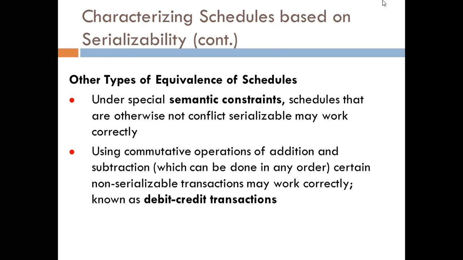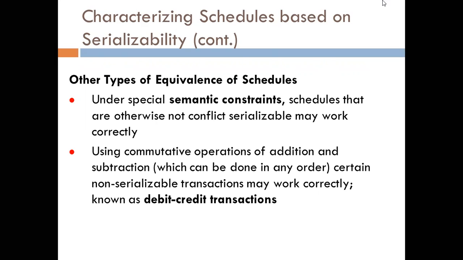If addition and subtraction are the only operations being performed in the transaction, then irrespective of the order of addition and subtraction, the end result of the arithmetic operations will be the same. That's why even if a schedule is not serializable under conflict, it can be treated as serializable if they are debit credit transactions.